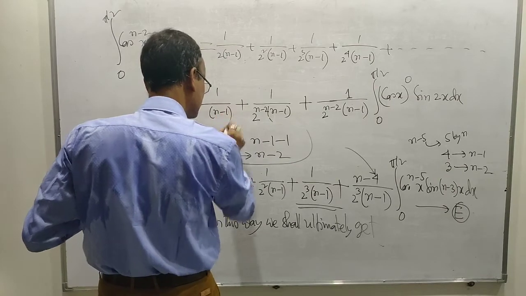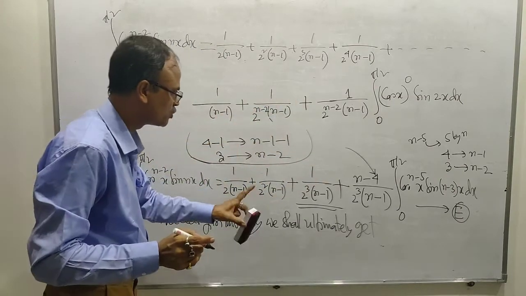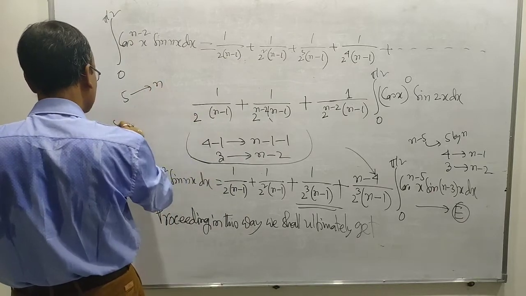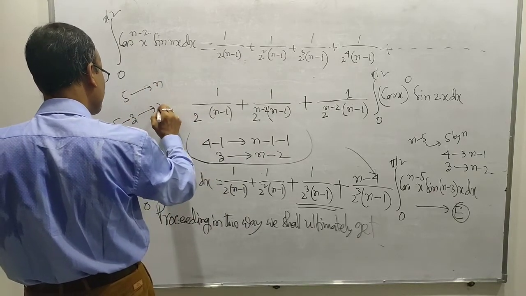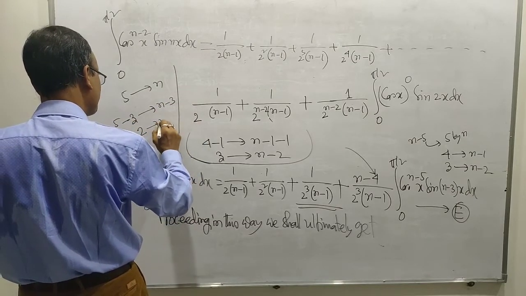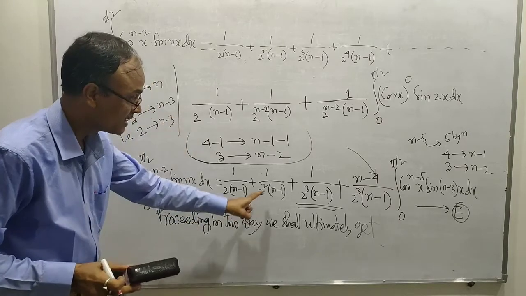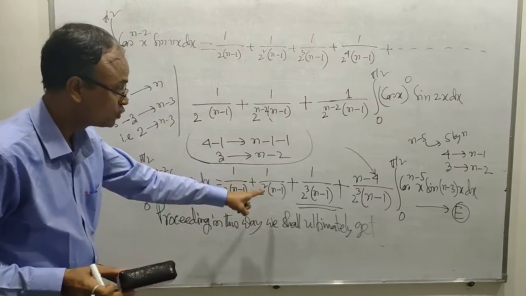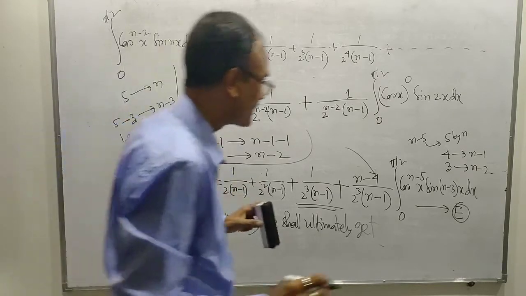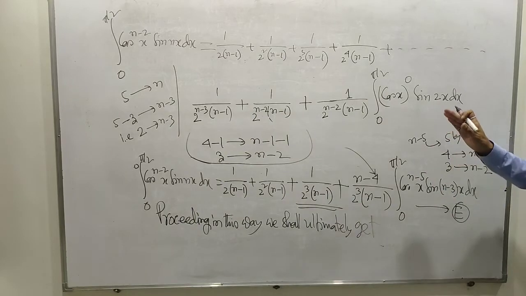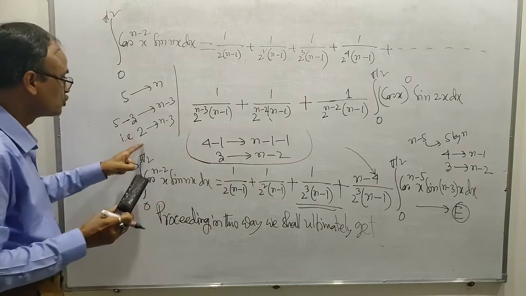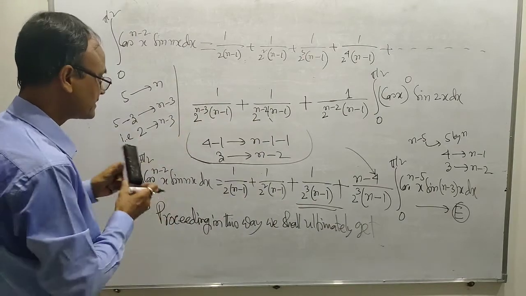n minus 2 is common in every case. What about 2? 5 is replaced by n, and 5 minus 3 should be replaced by n minus 3. That is, 2 should be replaced by n minus 3. This 2 in 2 to the power 2 should be replaced by n minus 3. I have given you the sums to write, perhaps you have written them.